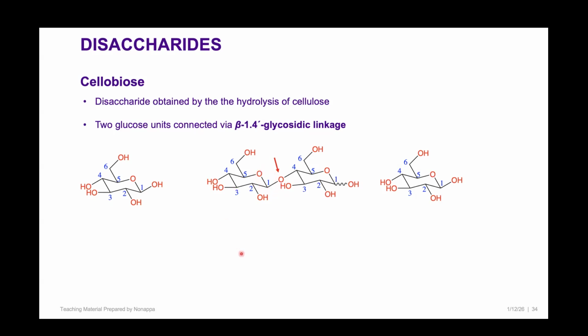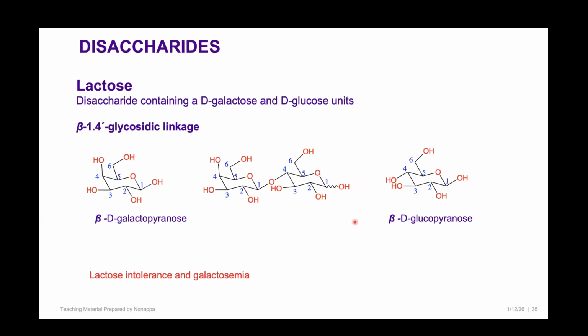Now again, we have studied reducing and non-reducing sugars. If you look at this, it has 2 ends because this is now an acetal, but this is a hemiacetal. Therefore, this is still a reducing sugar. If we take galactose, for example, it also has a beta 1,4 linkage.